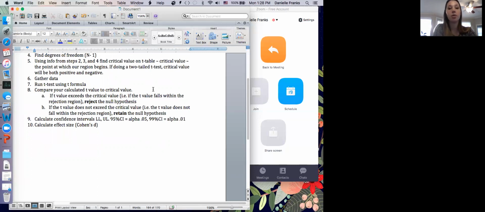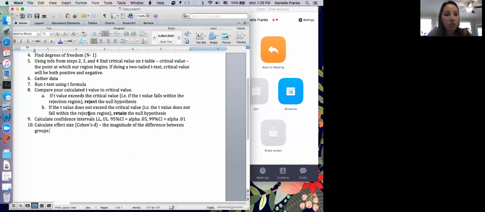Lastly, we're going to do our Cohen's d. That tells us how big the difference is between the groups, or the magnitude.